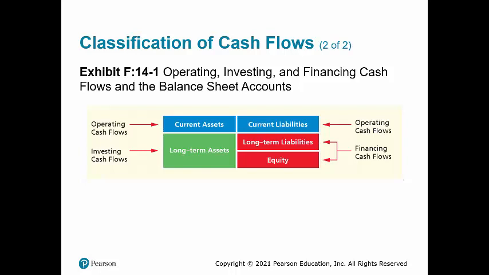We get information from long-term assets to complete the investing cash flow section, and we get information from the long-term liabilities and equity section to complete the financing cash flows.